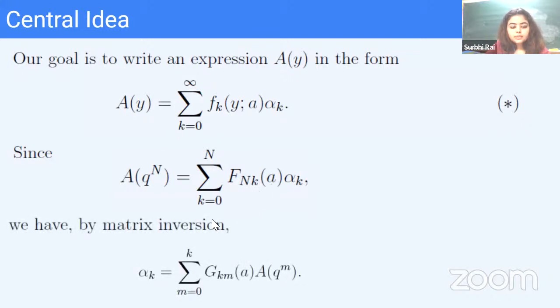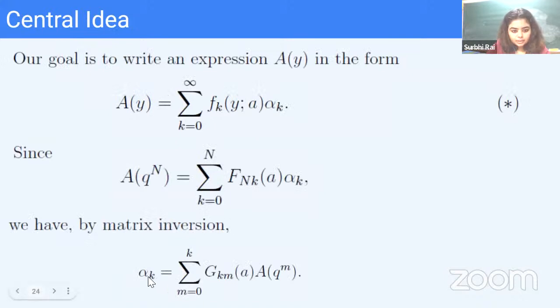Now, since F and G were an inverse pair of matrices, by using matrix inversion, we can express alpha in terms of A. And so we obtain that alpha_k is a summation, m going from 0 to k, of g_{km}(a) A(q^m).